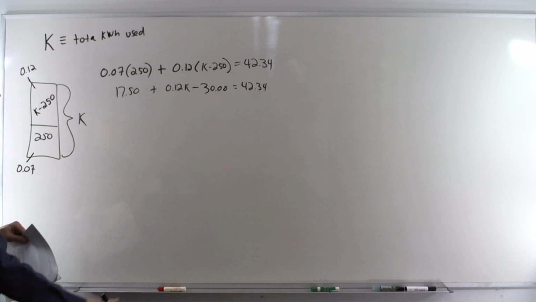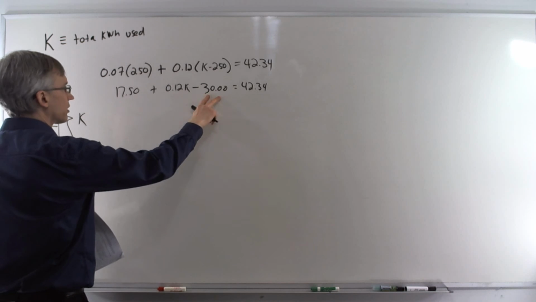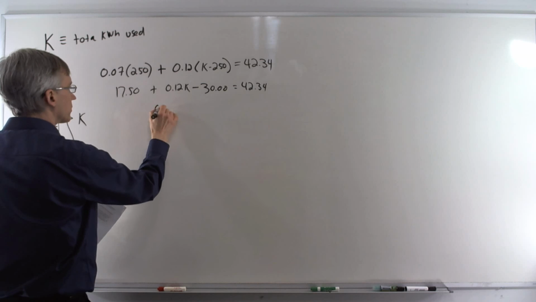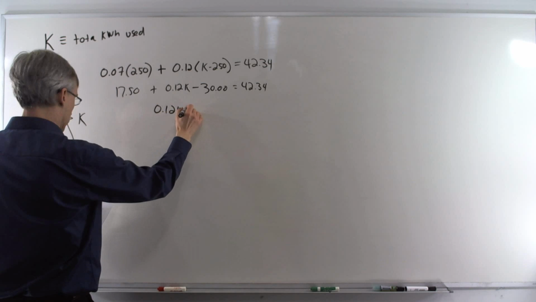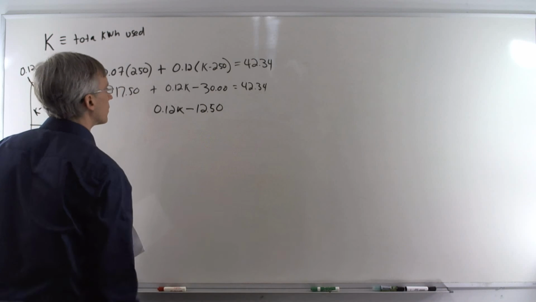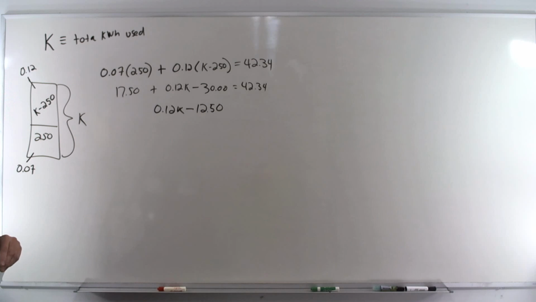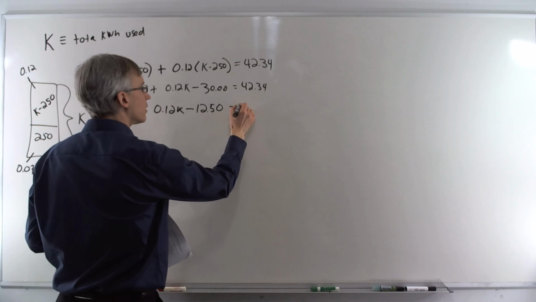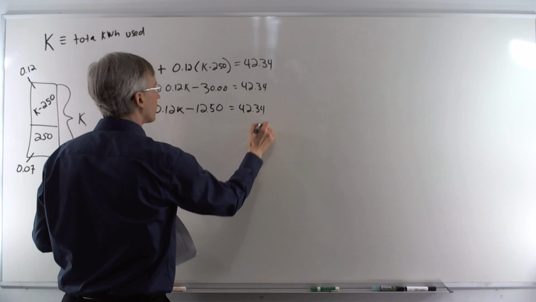Now we'll combine like terms. We've got a constant here and a constant here. We'll combine those two together. So 0.12K minus 1250 equals 4234.